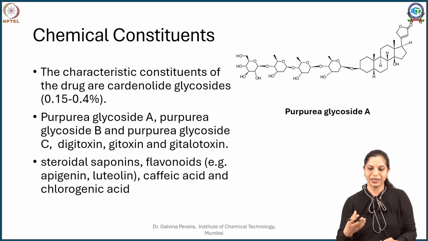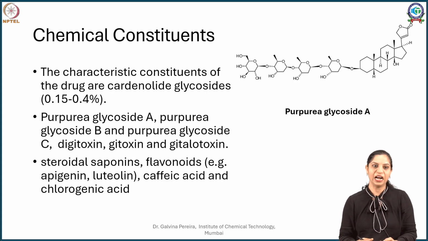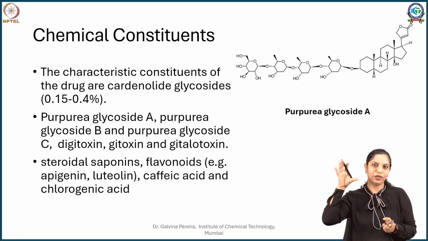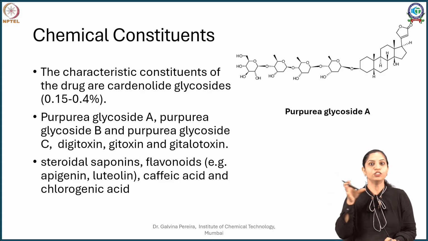Subsequently, it will give you nice ovate leaves, and those are the ones which are preferred for their high cardenolide content. So, it contains somewhere between 0.1 to 0.4% of cardenolides, in terms of purpurea glycosides. So purpurea glycosides are nothing but your cardenolides plus sugars.